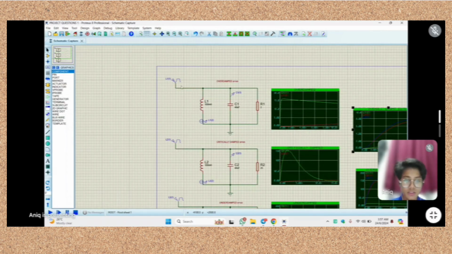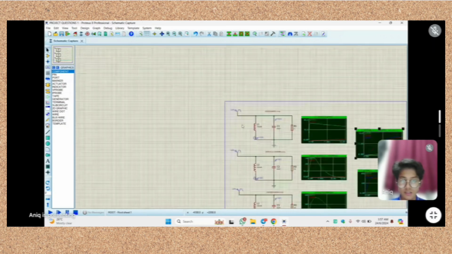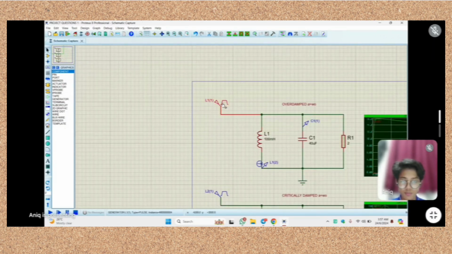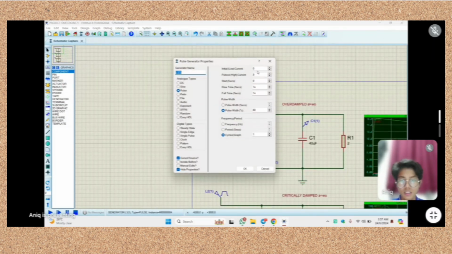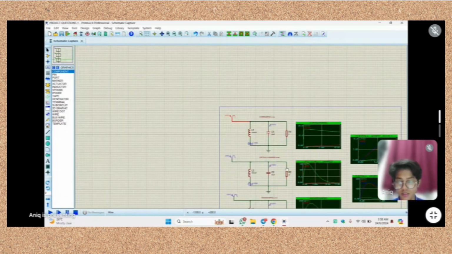For the current source, it will be synchronized, at 8 ampere for each circuit.